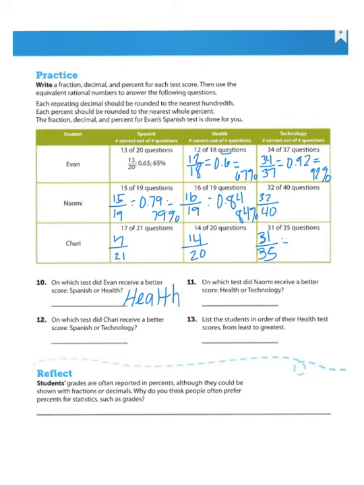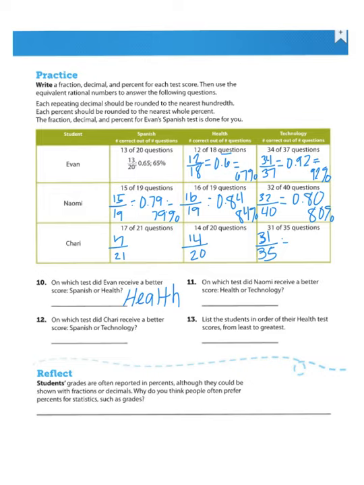Let me finish Naomi here so we can answer a question about Naomi. So 32 divided by 40 is 0.8, which would be 80%. And so on number 11, it says, on which test did Naomi receive a better score, health or technology?